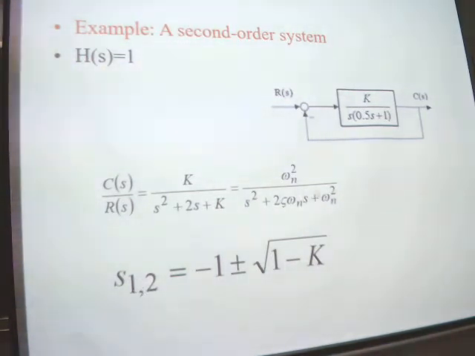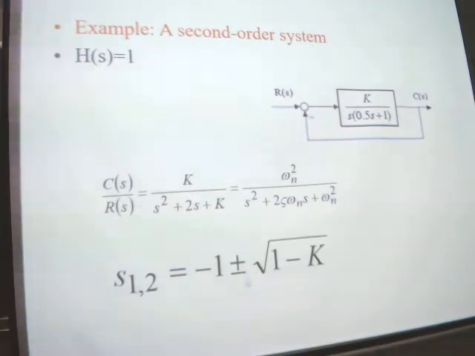This characteristic equation has two roots. Here, s1,2 equals -1 plus or minus the square root of 1 minus k. You can see here, there are two roots.